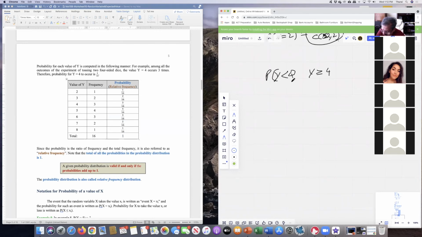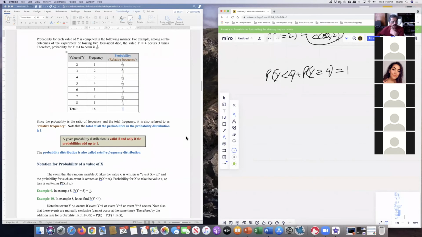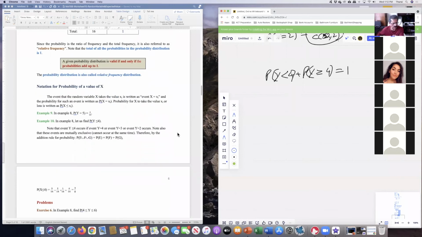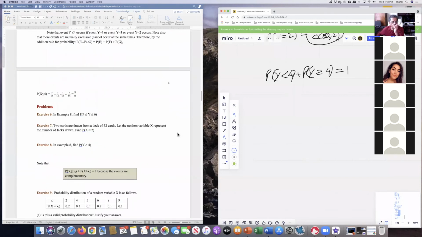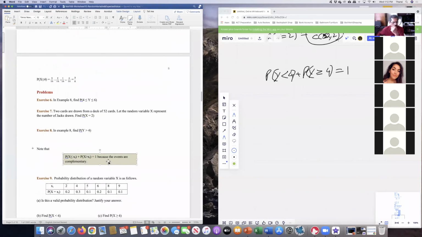Probability of this and probability of this will be 1. That's true for any value of the random variable, not just 4. It will be true for 1, 2, or 3. For any value of the random variable, the probability for y to be less than or equal to that and the probability for y to be greater than that would add up to 1. And that's what I'm explaining here in this box.